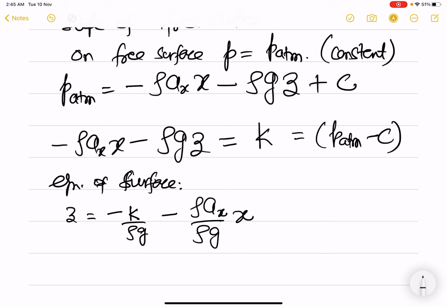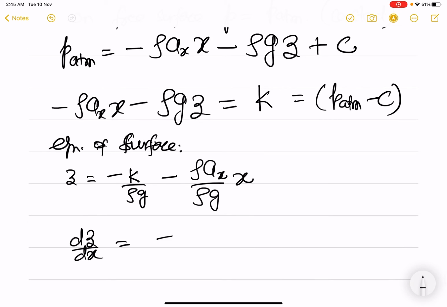So if I find the slope of the free surface, dz by dx is equal to minus ax by g.